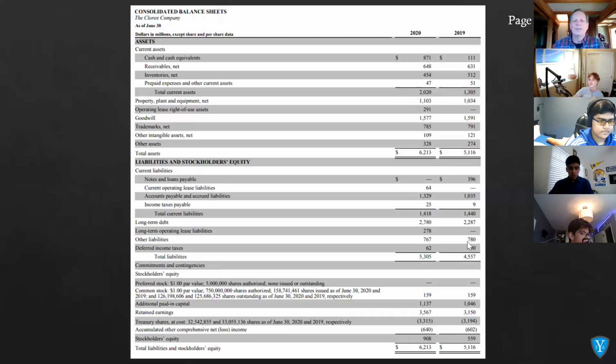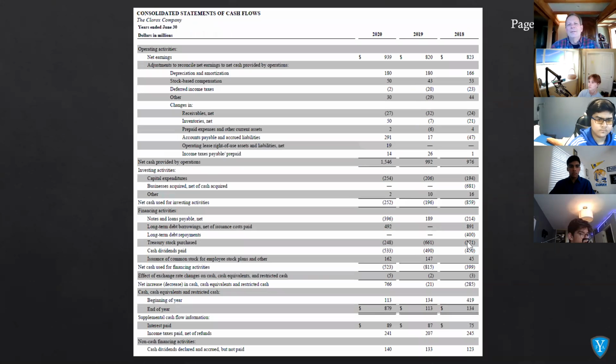And you can see the reason this is called the balance sheet is that the total liabilities and stockholders equity of $6,213,000 equals the total assets, because these have to always be in balance. They have to equal each other, because net equity equals total assets minus total liabilities. So balance sheets are always in balance.